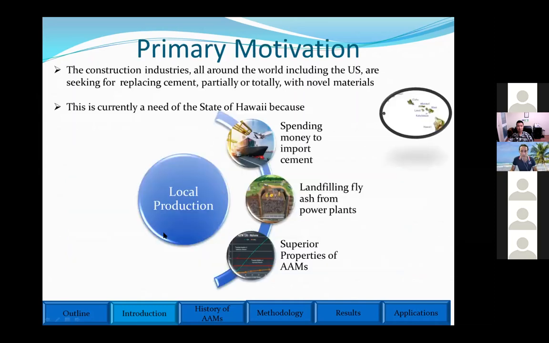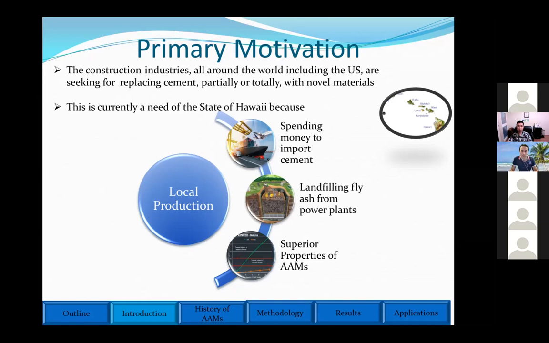Here in Hawaii, as I discussed, the United States has looked for sustainable substitutes for cement in normal concrete. But specifically in Hawaii, we have more challenges. We are not producing cement here; we are importing it.